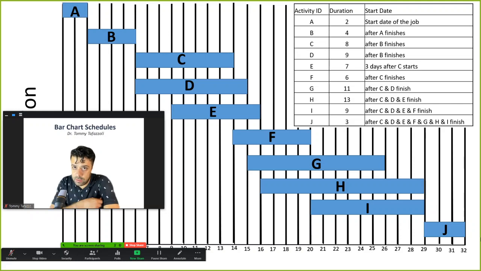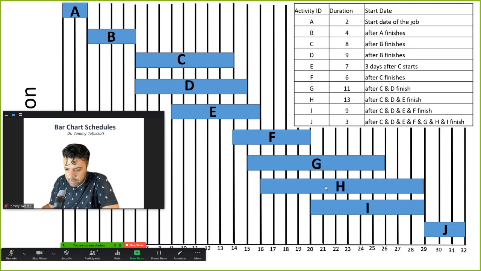If someone asks you what is the most crowded day on this job site, that would be day 15, because on day 15 is the only day in which, actually no, that's not the only day. Day 15 has 3 activities in progress, and also days 16, 17, 18, and 19.